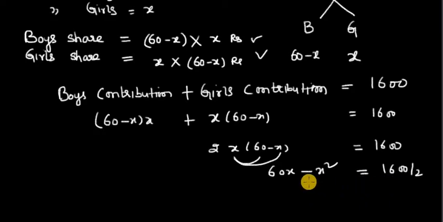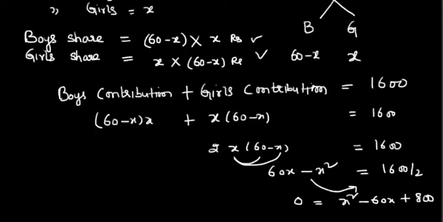If I take all the terms to one side, I will get 0 is equal to x square, since it moves, plus x square, 60x becomes minus 60x, and we get 800.